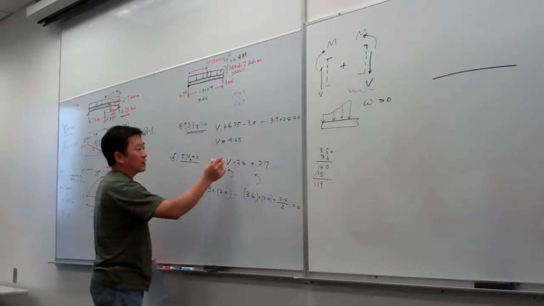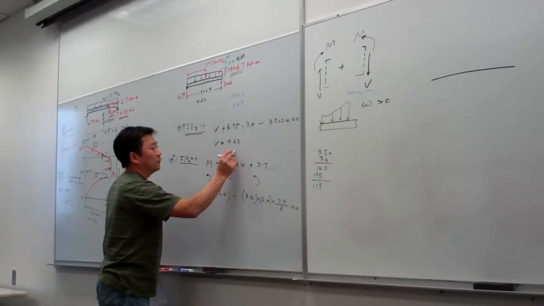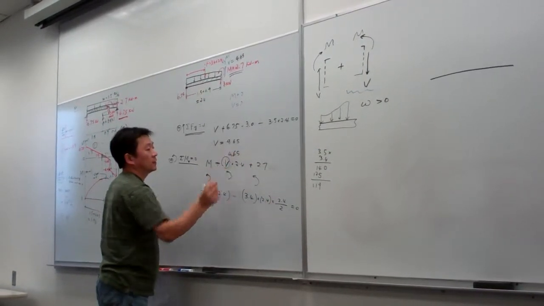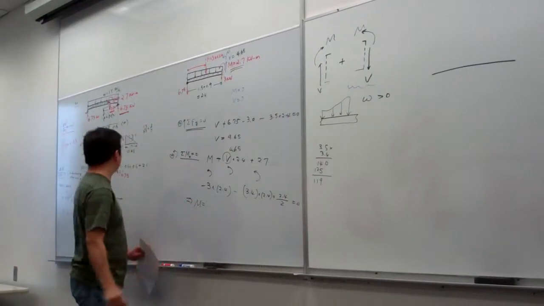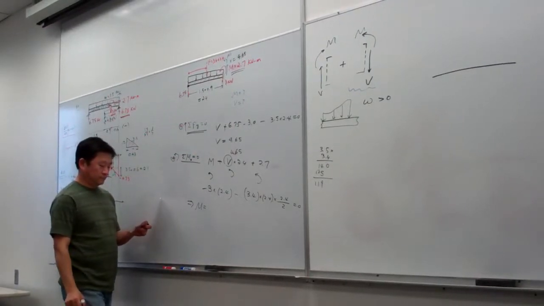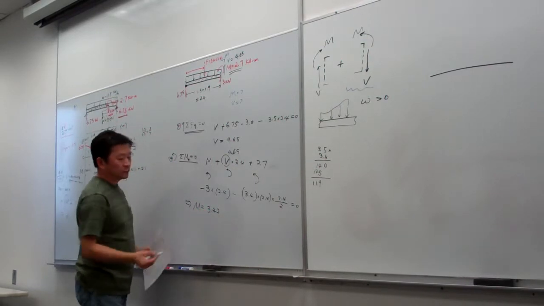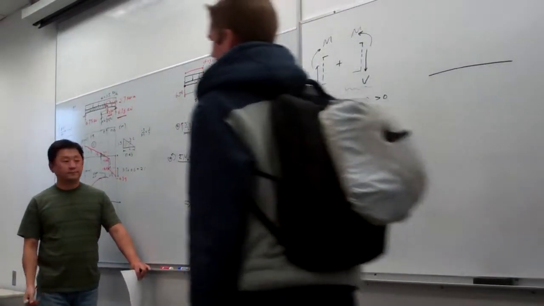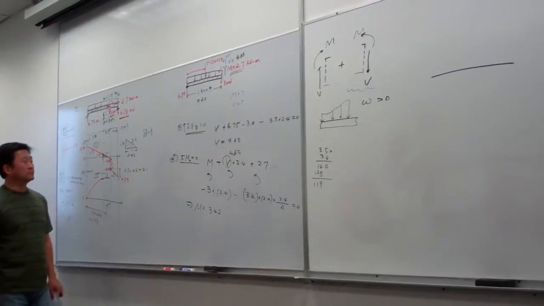So here V, we introduce equal to 4.65. So anyone can punch your calculator to see how much M will be. I think it should be 3.42.